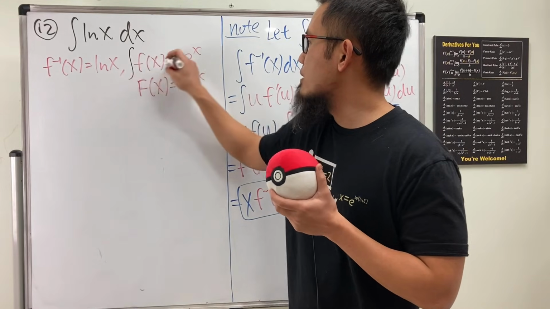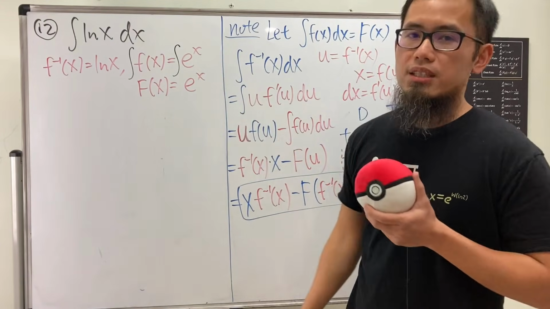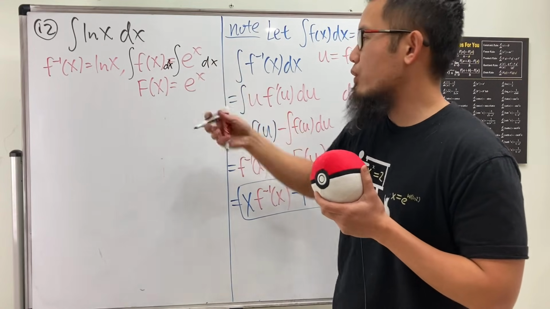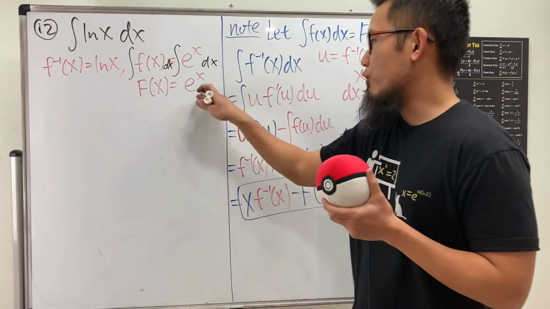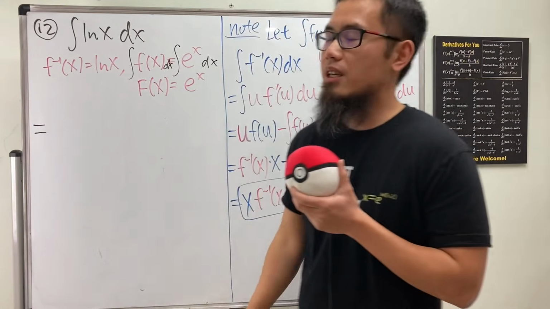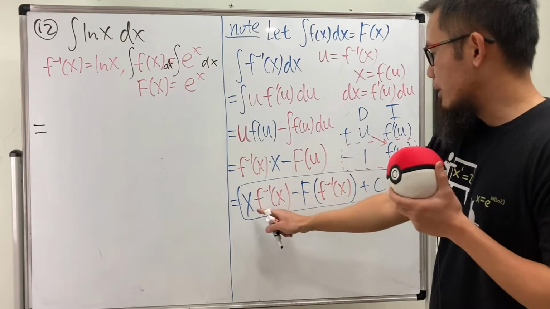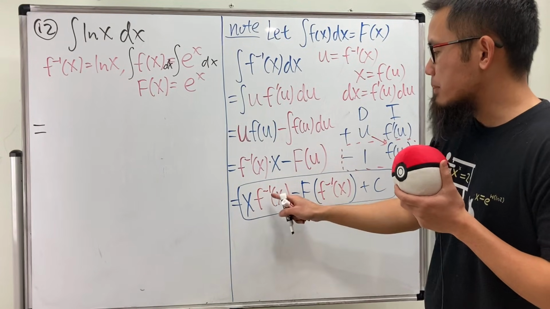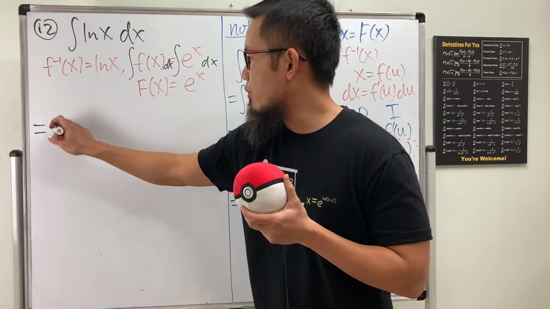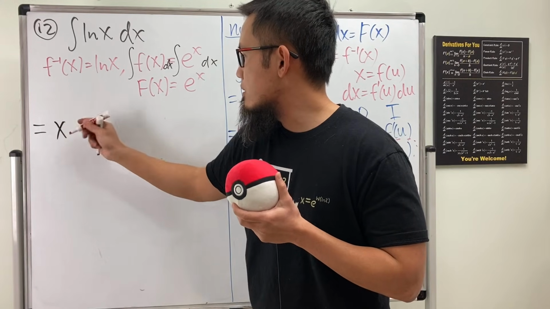So if you integrate both sides, you get that e to the x, right? If you want me to put on the dx, I will do it for you. No need for plus c right here though. Now, all we have to do is actually just a one-liner. This right here, by using this formula, we will have x times the inverse of f. So it's just x times the inverse of f, which is just going to be x times ln x.